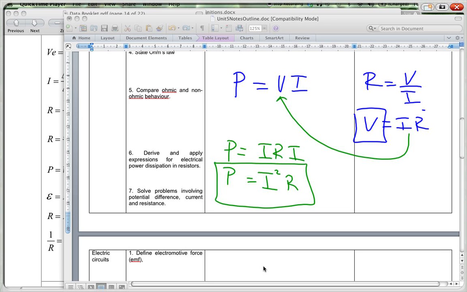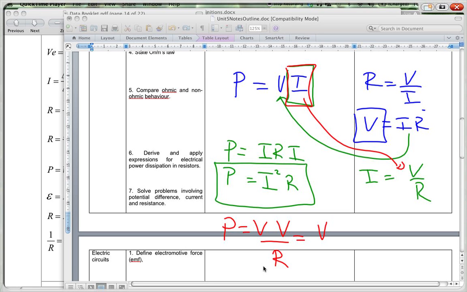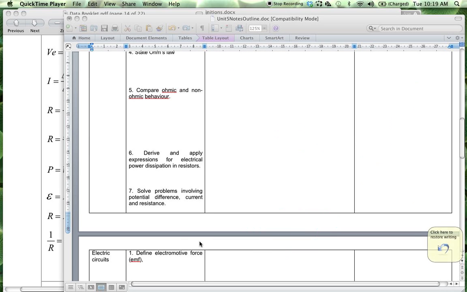Okay? And if I wanted to take this a little bit further, I've got I is equal to V over R. So I can take my formula here, this power, and I can replace my I this time by V over R, and I get power is equal to V over R times V, so that's V squared over R. So I have three formulas that I can use for power.